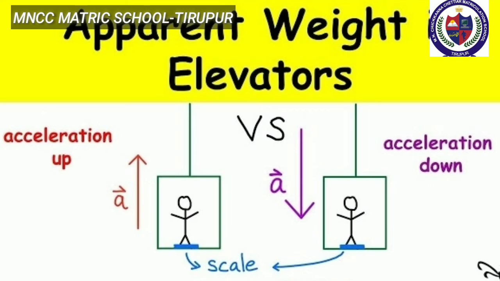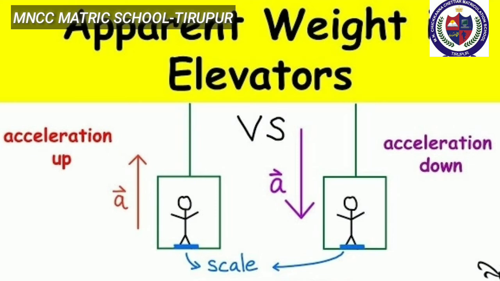Apparent weight is the weight of the body acquired due to the action of gravity and other external forces acting on the body.